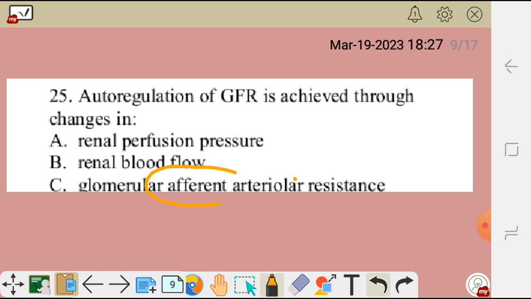The afferent resistance and efferent resistance affect the GFR, not the renal blood flow and renal perfusion pressure.